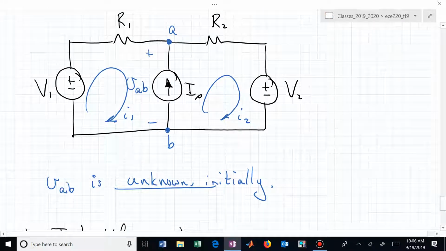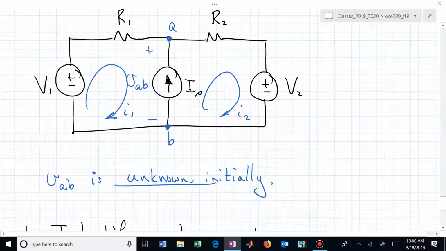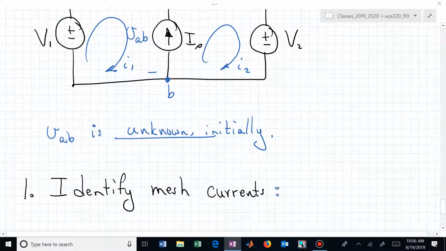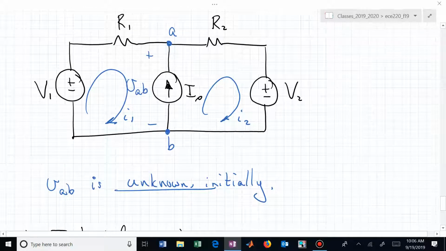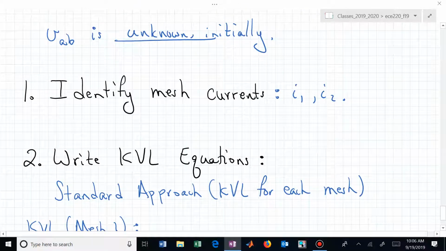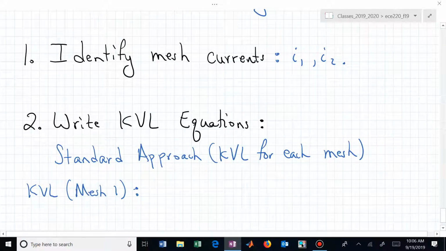If we simply proceed as the standard process, we would say, okay, identify the mesh currents. I've identified I1 and I2. I have two meshes in that circuit. Now let me just start writing the KVL equations for each mesh in the standard way.